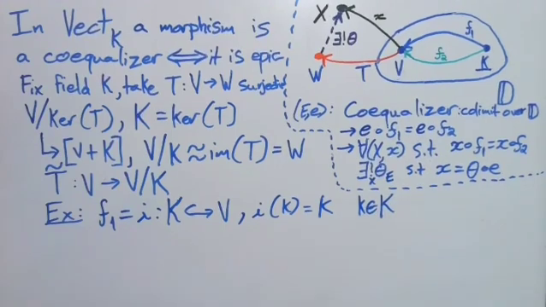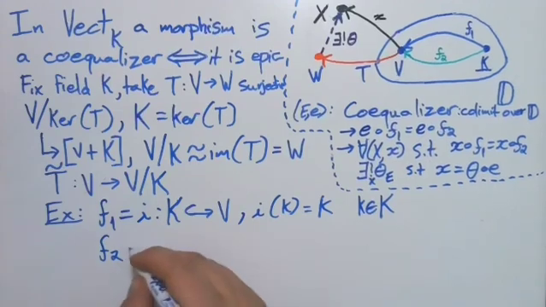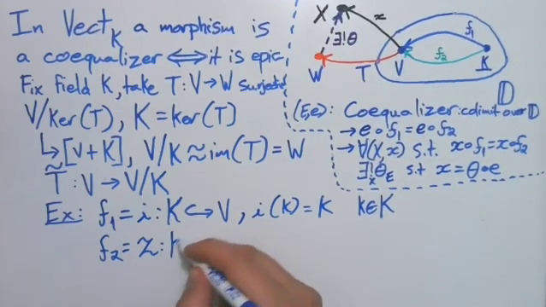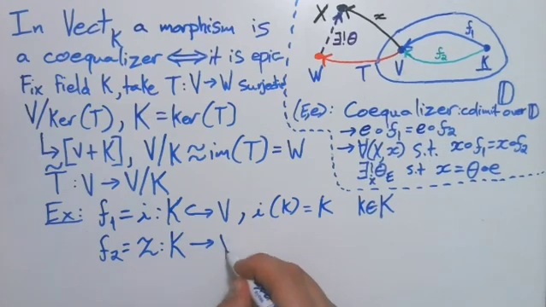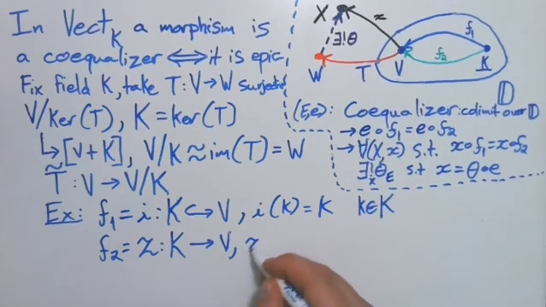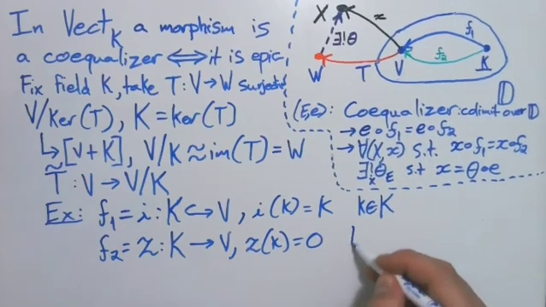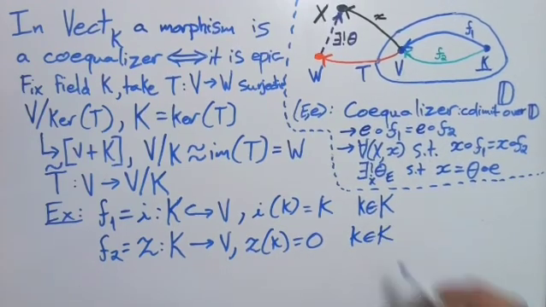Probably should have chosen a different letter. And then F2 is just the 0 map from K into V, and that's just where it takes any k in the kernel and just maps it to 0, again for k and K, not to be confused with the K of the Vect K here. So you can try that as a final exercise, and that concludes our discussion on coequalizers.